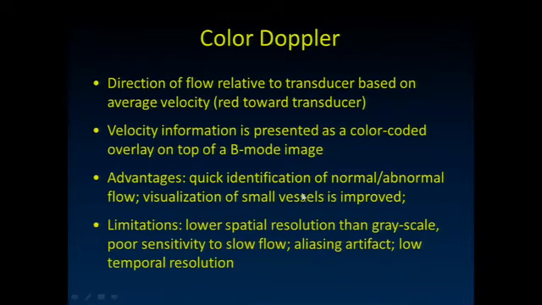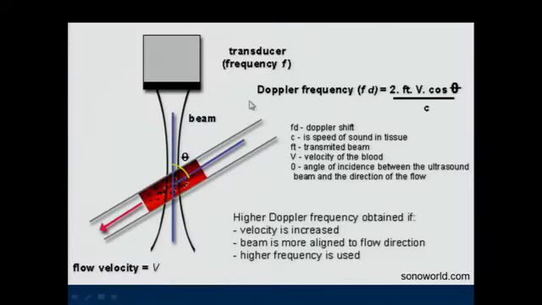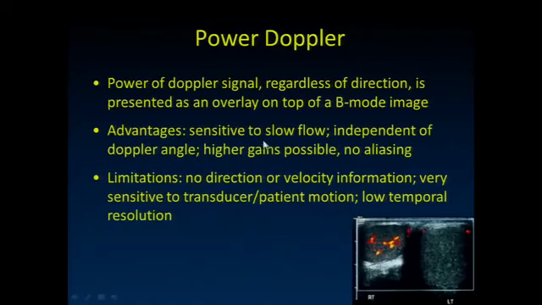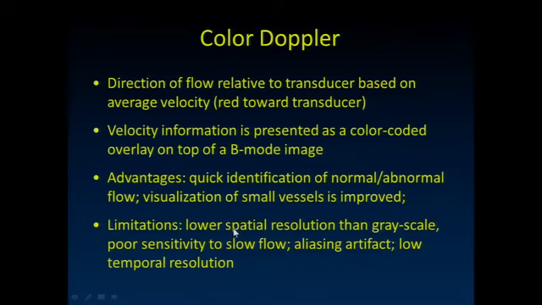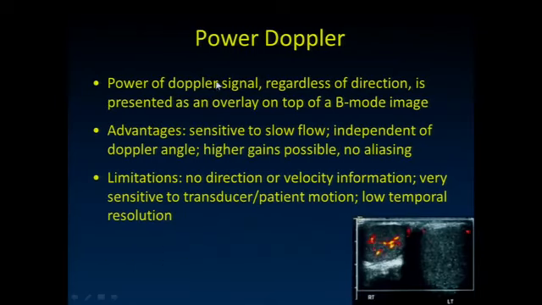Visualization of some small vessels is improved versus pulsed wave Doppler. And limitations: we've got lower spatial resolution than the grayscale. It's really not very sensitive to slow flow, also susceptible to artifact, and of course it takes a lot of time, so we get lower temporal resolution.